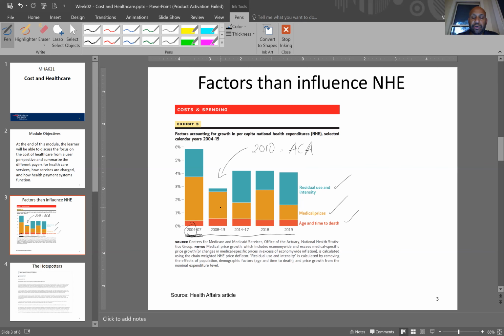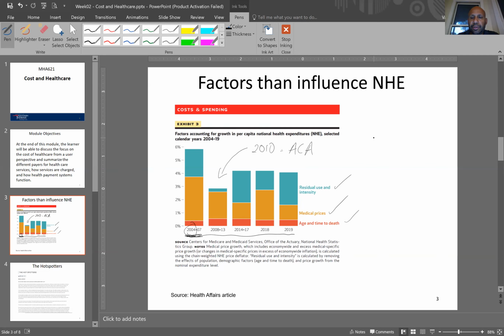You can certainly see a drop in medical prices, but an increase and then a drop again, really a fluctuation. Most of those medical prices are associated with two primary services: any type of technological functions and pharmaceuticals. And those two also complement each other.